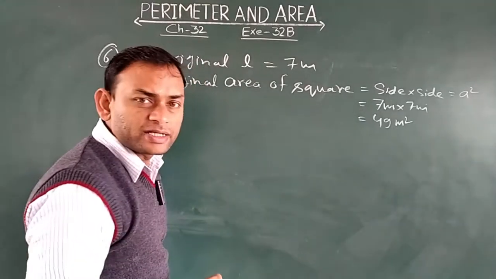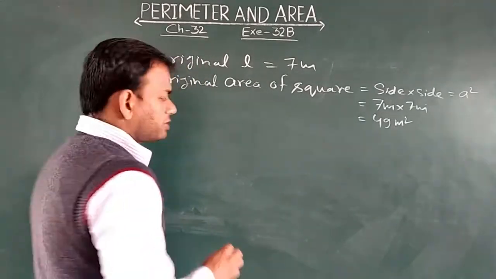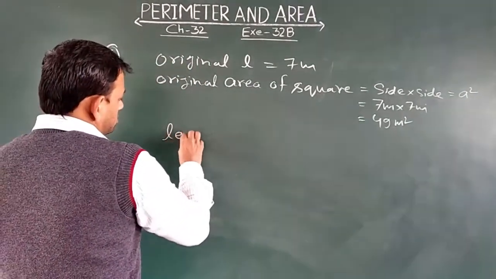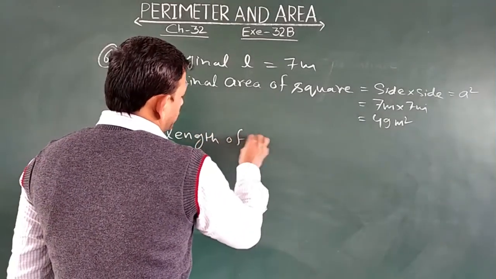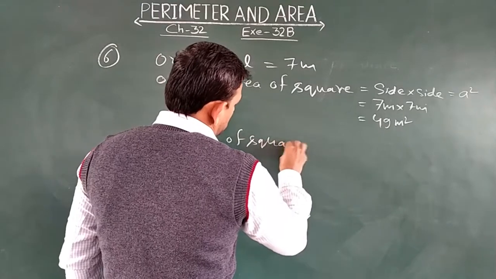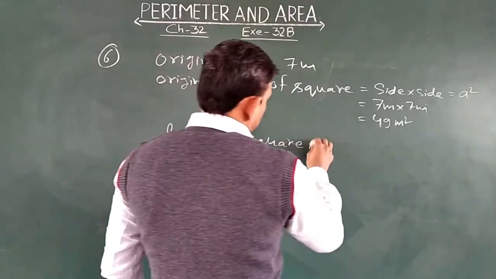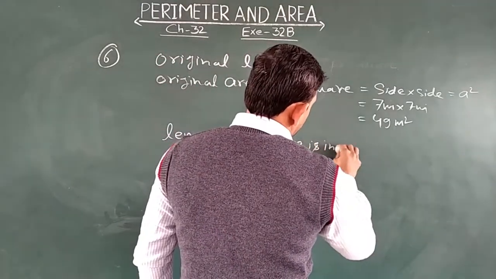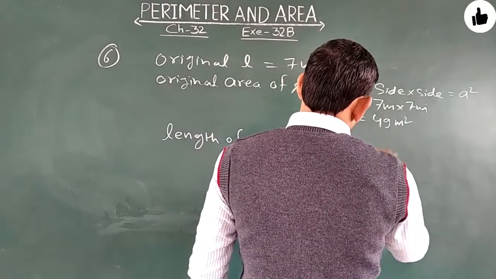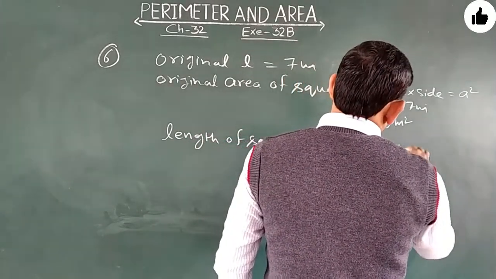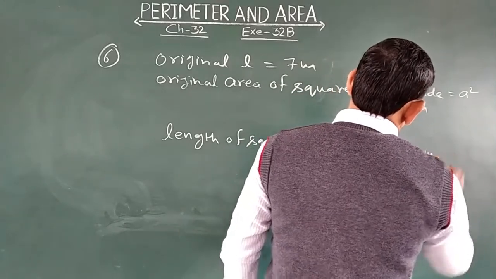Okay, now the side is increased by 3 meter. Okay, length of square is increased by 3 meter.